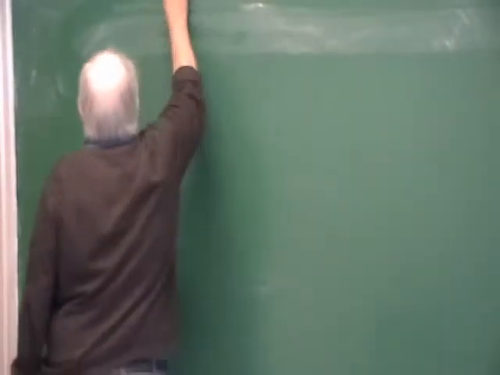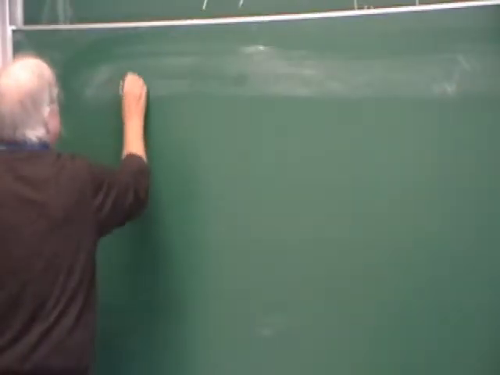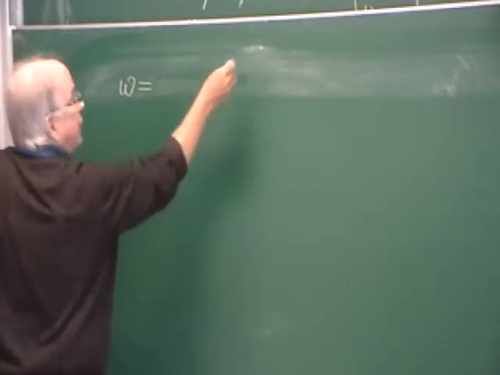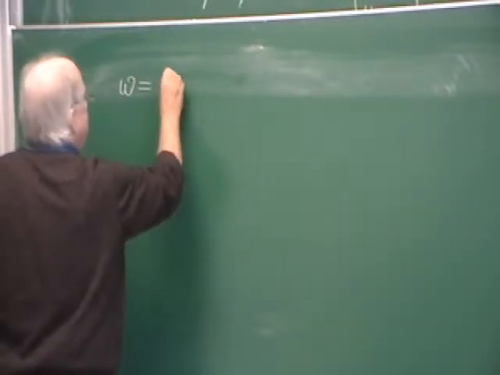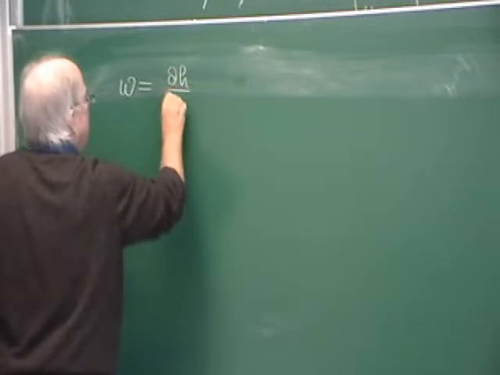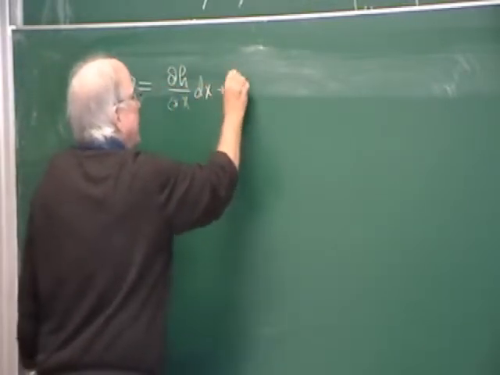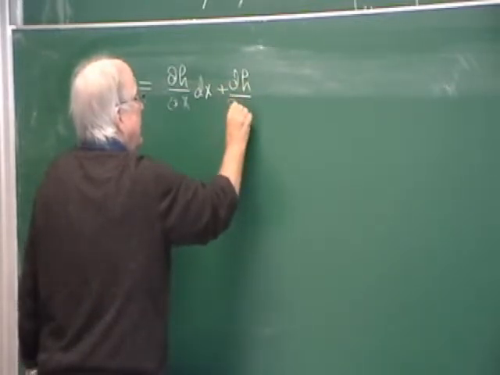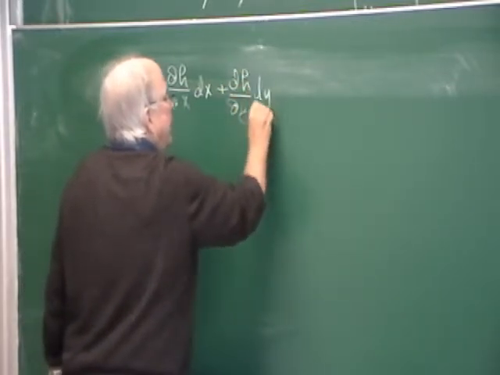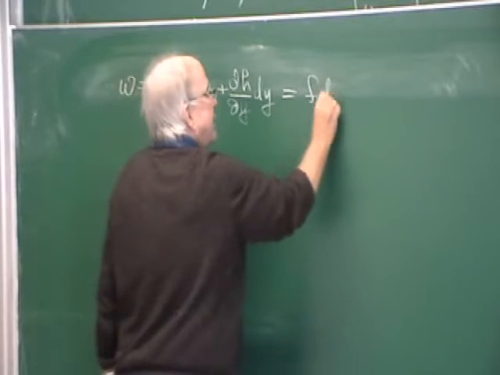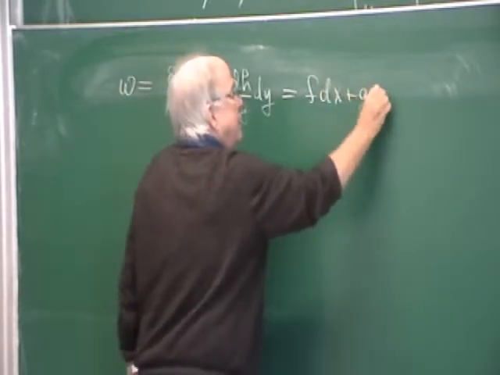And what Green certainly had in mind was this. Green said, if this is a gradient, let me then write this as f dx plus g dy.